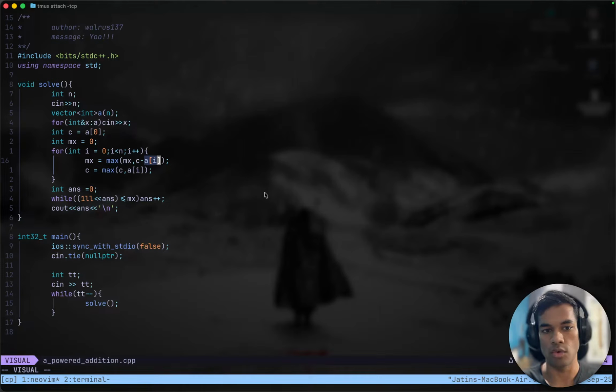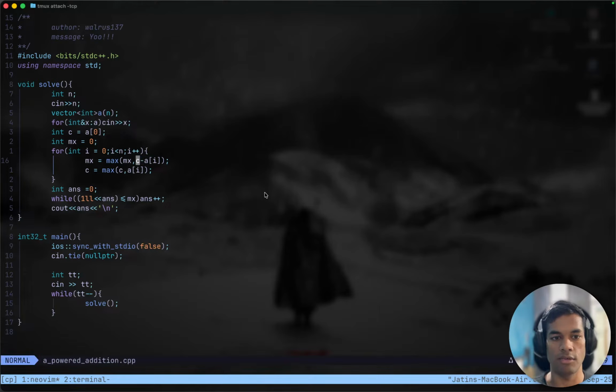So if a0 equals c, we will get 0, and that is okay. If ai is smaller than c, then this thing a minus ai is going to return some integer value, and if that value is greater than mx, then we will go with that.